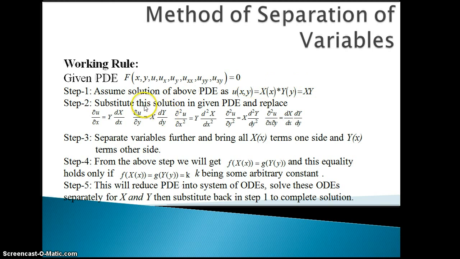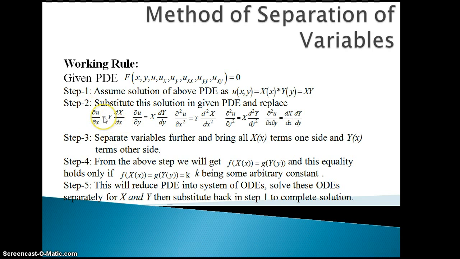Then in the next step you substitute u is equal to XY in the given PDE and replace the partial derivatives. ∂u/∂x is Y times dX/dx. The partial derivative becomes an ordinary derivative because capital X is only a function of small x.